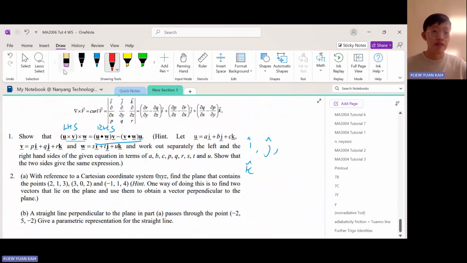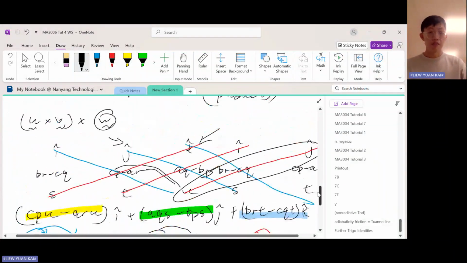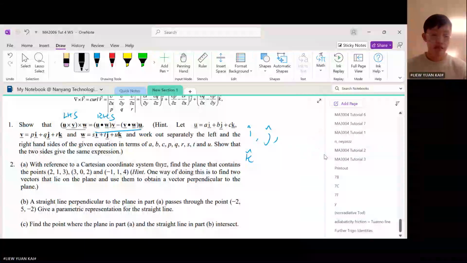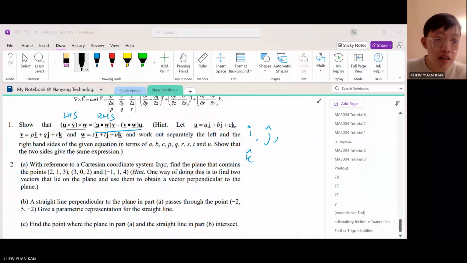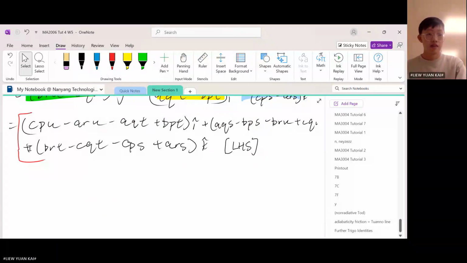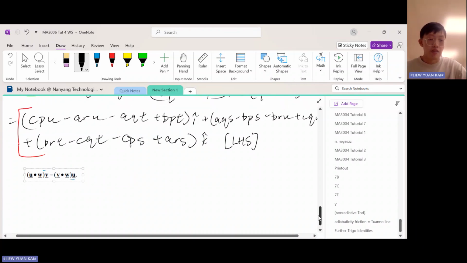The right-hand side states U dot W, and then you multiply that with the vector V.